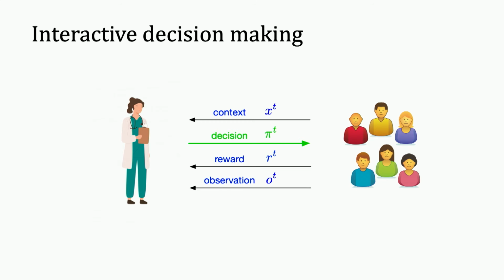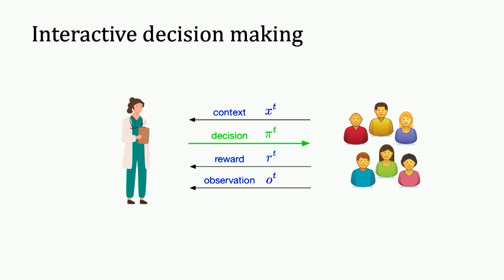Let me step back now and say a couple of words about the high-level picture. I'm interested in interactive decision making. This is a name we came up with for a class of problems of this form, and episodic RL is an example of it. Interactive decision making is actually more general in some sense.